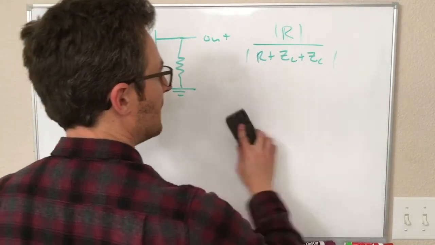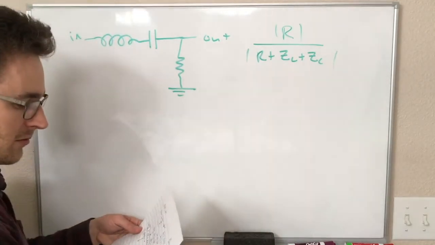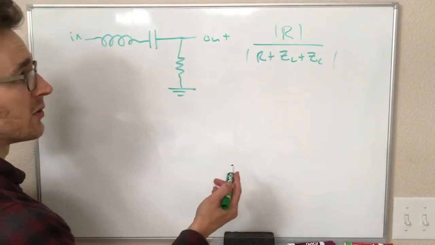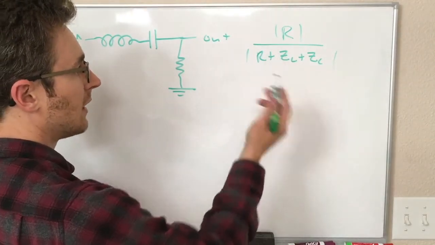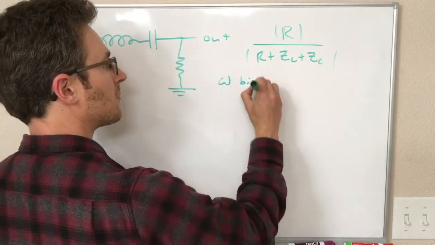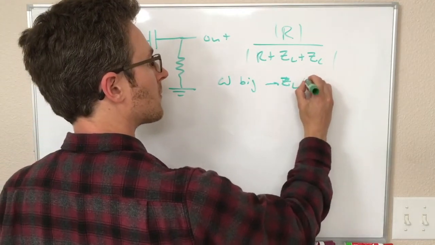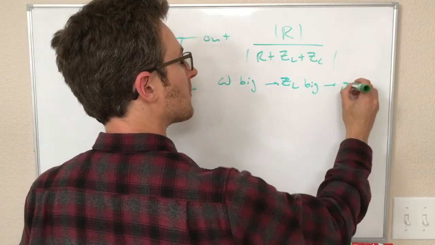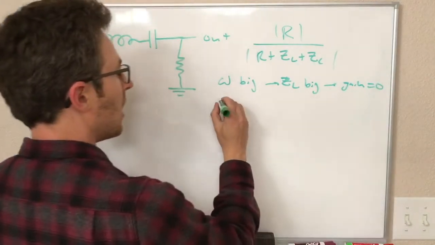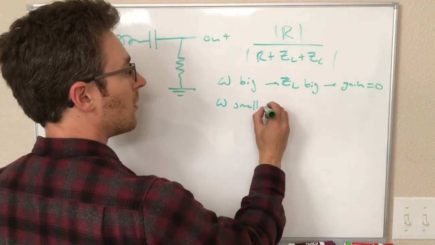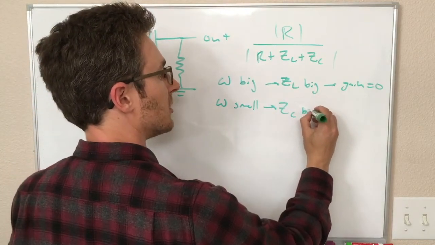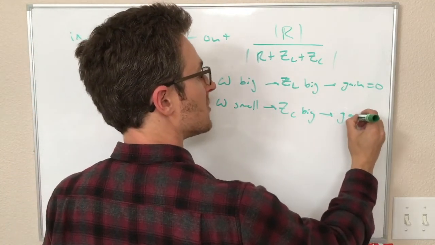Okay, so at very high frequencies, ZL is really big and the gain goes to 0. If omega is really small, then ZC is really big and the gain goes to 0, right?